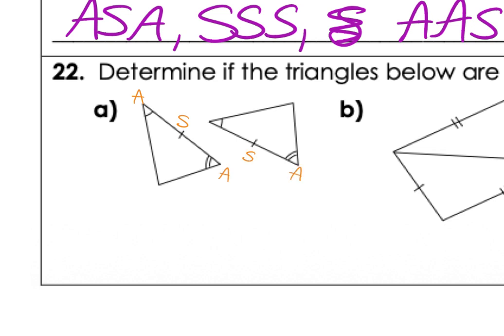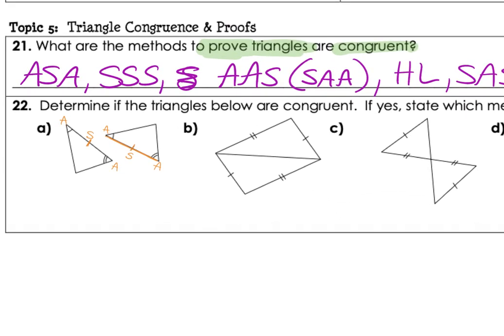If the side is touching your two angles, then it's the included side, right? So angle, side, angle. If it's not touching both the angles, then it's angle, angle, side. Does that make sense? So if it's between your two angles, then it's ASA. If it's not, AAS.